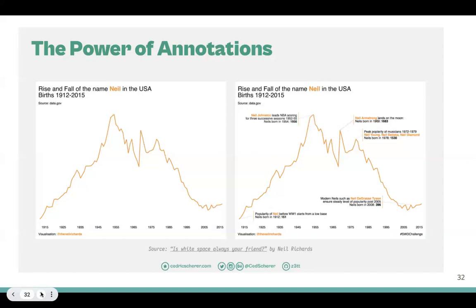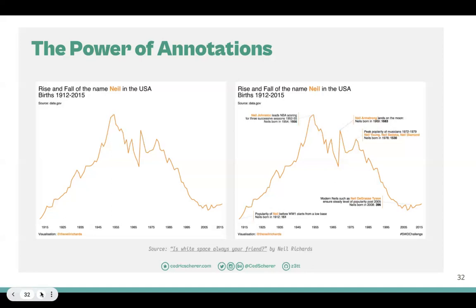So that's how you see that the popularity of a name in general culture is often driven by key aspects of popular culture such as sports, cinema, big events that impact a nation. So sports, basketball was up there.